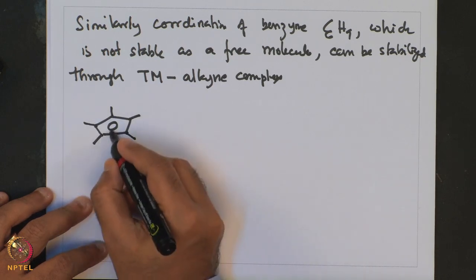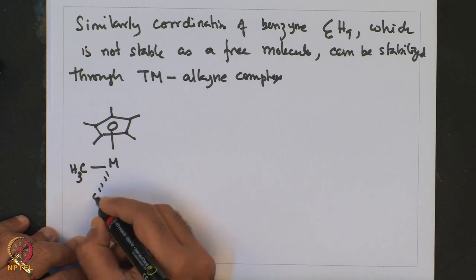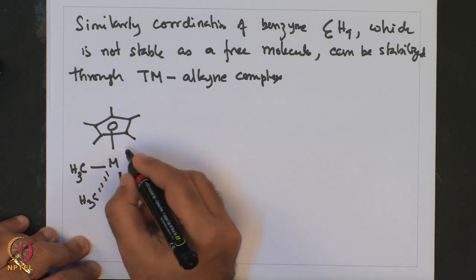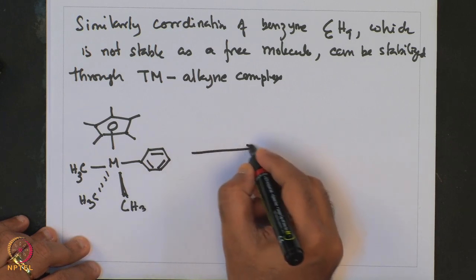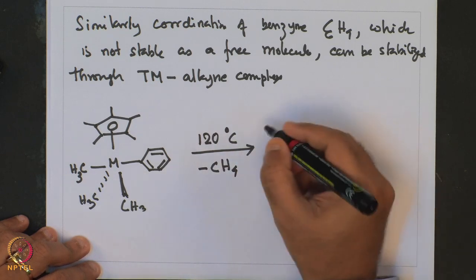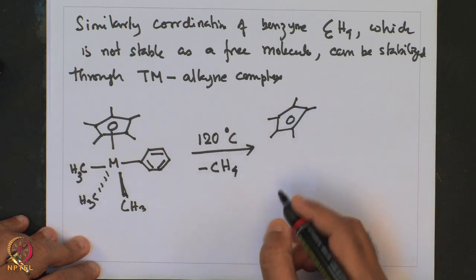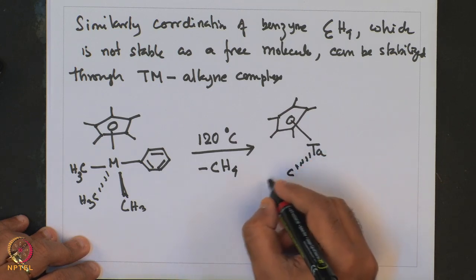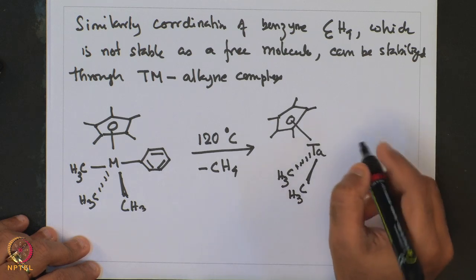Cp* metal (CH3)3 with pH at 120 degrees centigrade eliminates methane to give the tantalum CH3 benzene complex.